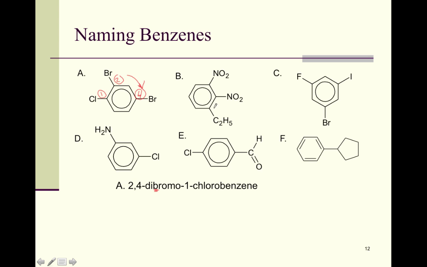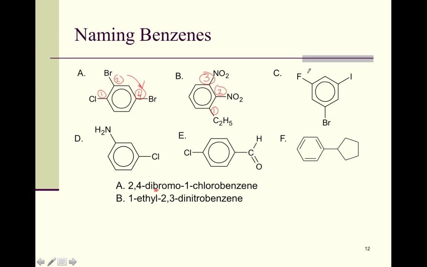E comes before N, so this gets to be carbon 1. This is carbon 2. This is carbon 3. And we do not use the multiplier. This will be dinitro. We don't use the D in di to alphabetize it. It's only the N in nitro. Letter B is 1-ethyl 2,3-dinitrobenzene.